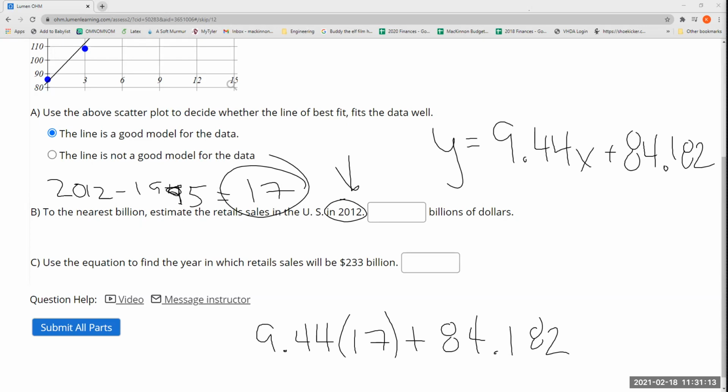Boom. And we get 244.662. All right, so if I'm going to round this to the nearest billion, I'm going to go ahead and say 245.